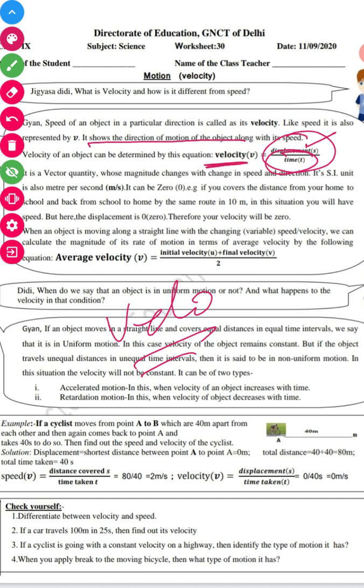It is a vector quantity because it has both magnitude and direction. It can be 0 as well as negative. So this is all about your first question, velocity and speed.